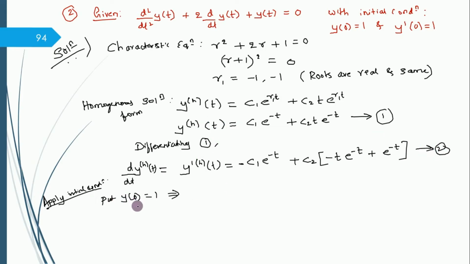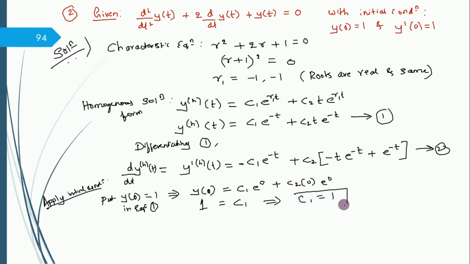So y of 0 is equal to C1 e raised to 0 plus C2 into 0 into e raised to 0, because t is 0 here. So you get 1 is equal to C1, because e raised to 0 is 1 and 0 into anything is 0. So hence C1 is equal to 1. This is what I got by supplying initial condition number 1.